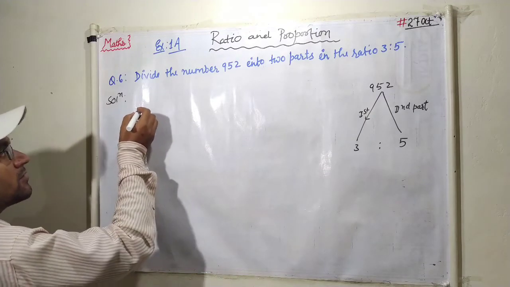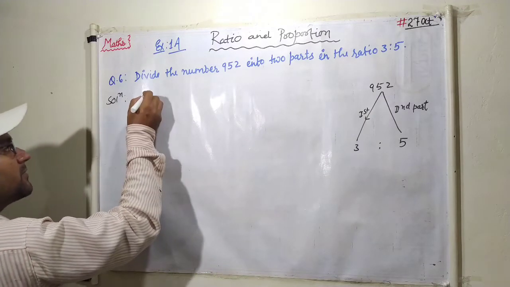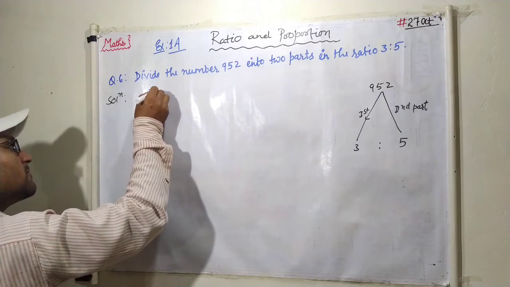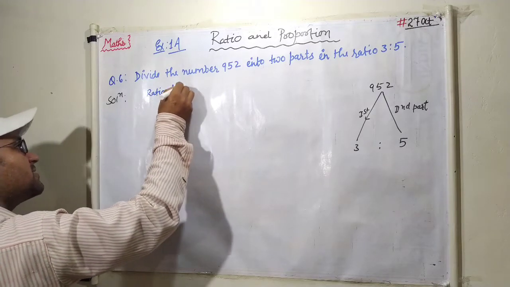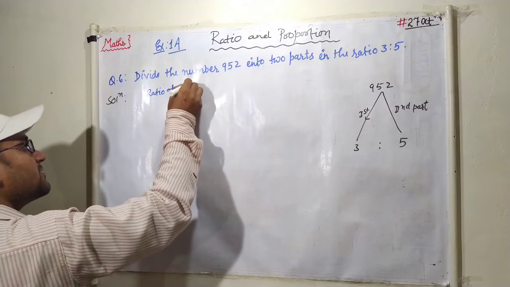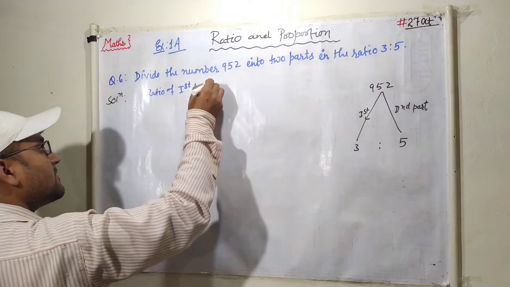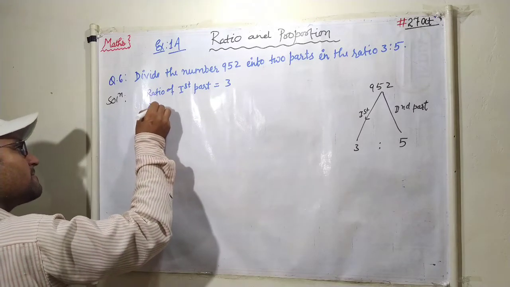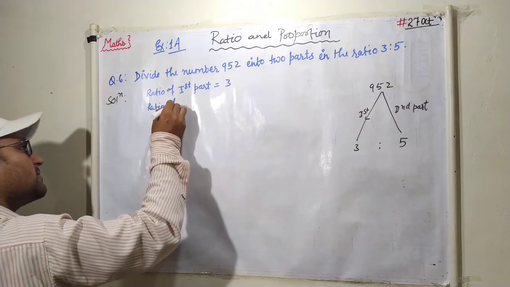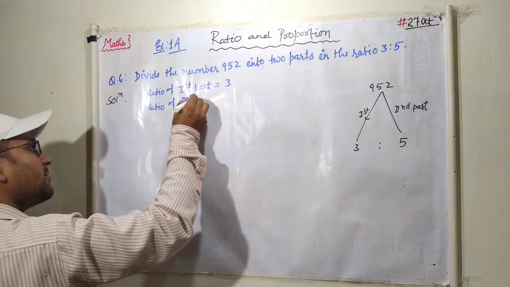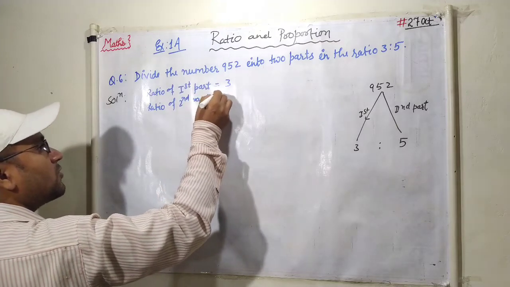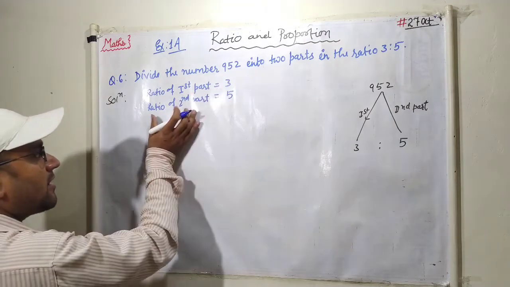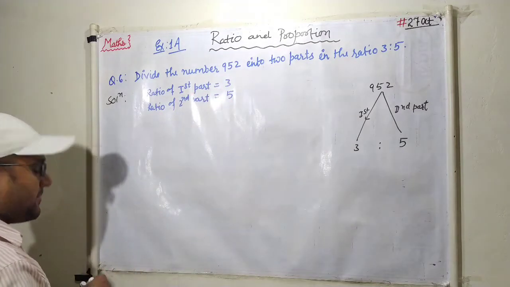So the ratio of the first part is equal to 3, and the ratio of the second part is equal to 5. Okay, this is the ratio of the first part is 3 and the ratio of the second part is 5.